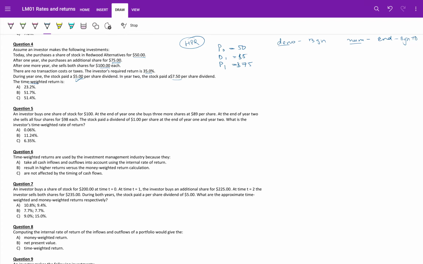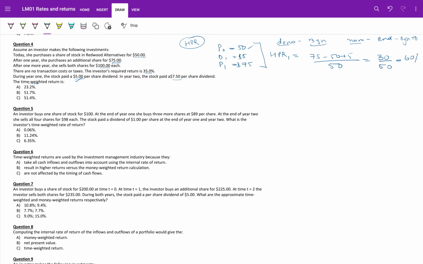The value of this $50 stock is now $75. So the HPR for period one is 75 minus 50 plus 5, divided by 50, which is the beginning value. 80 minus 50 is 30, divided by 50. It gives me a holding period return of 60%.